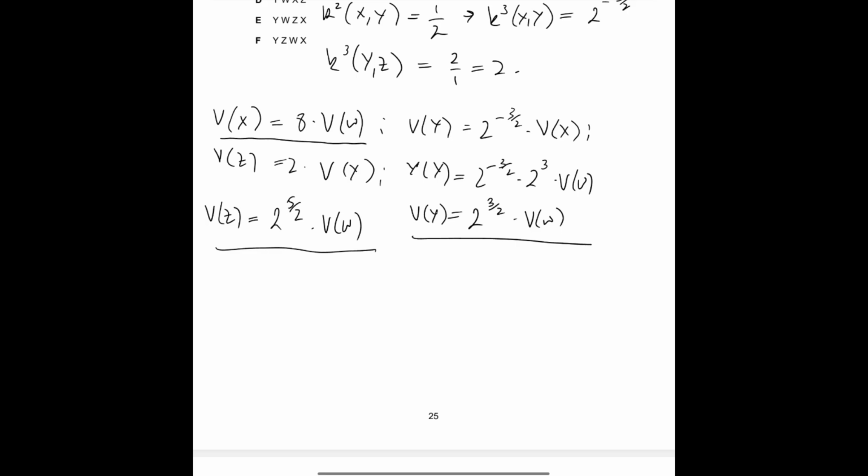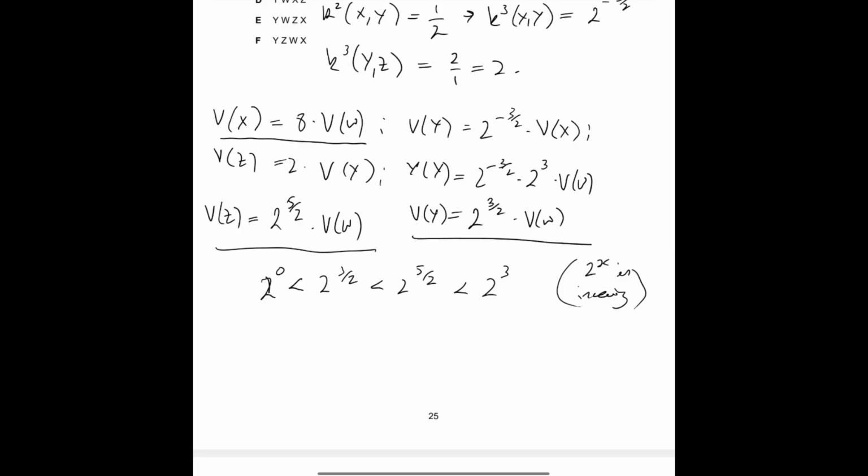We know that Vw is going to be the smallest, so we write the coefficients of Vw in each. So 1 for Vw. 1 is less than 2 to the power of 3 over 2, which is less than 2 to the power of 5 over 2, which is less than 2 to the power of 3, because 2 to the x is an increasing function. And 1 is 2 to the 0.